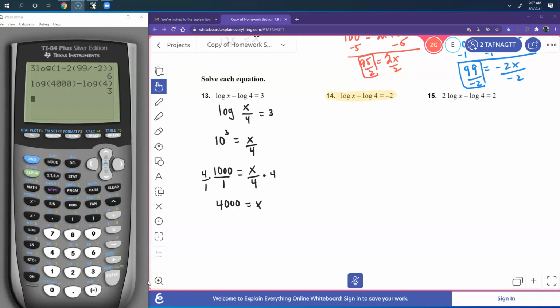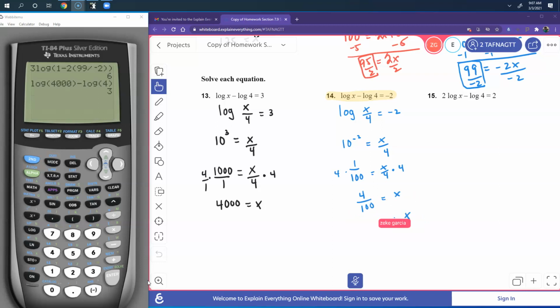Number 14, we're going to use the quotient property again. So we have log x over 4 is equal to negative 2. So we have 10 raised to the negative 2 is equal to x over 4. In this case, 10 to the negative 2 is 1 over 100, or 10 squared. We're going to multiply both sides times 4. So we get 4 over 100.